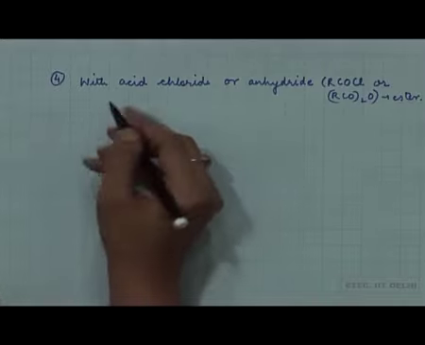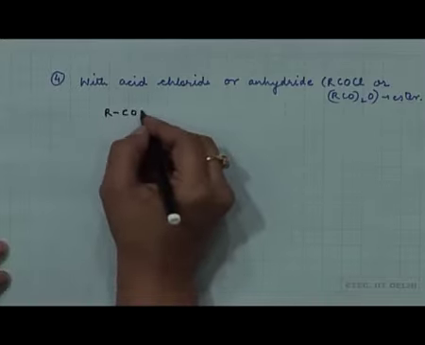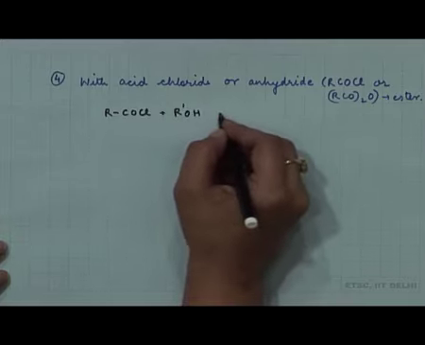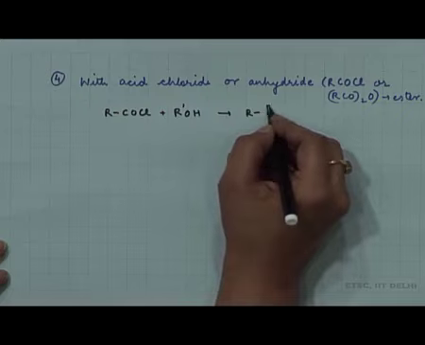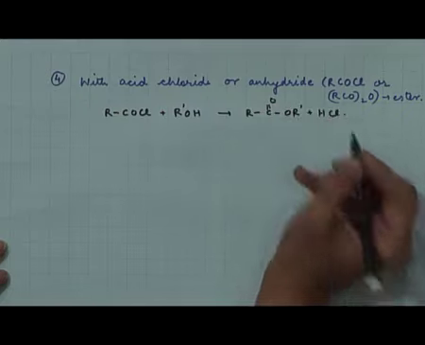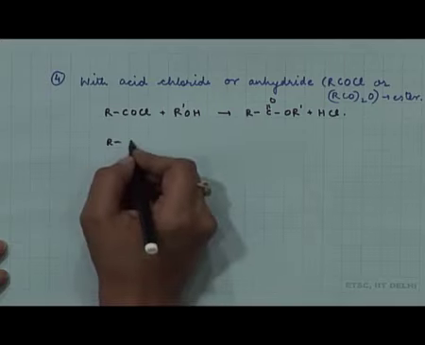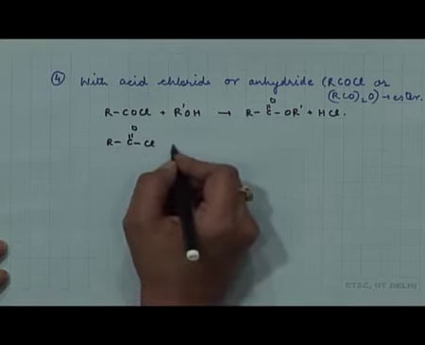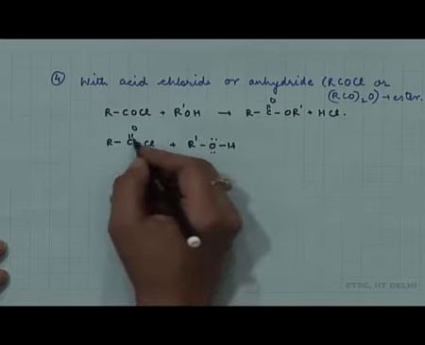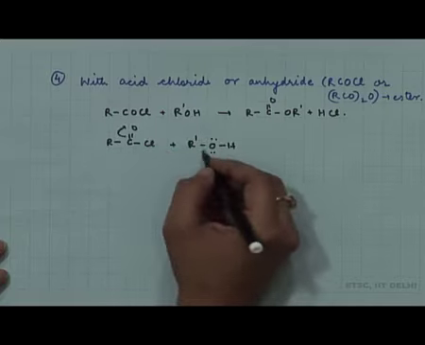So, the reaction is quite straightforward. You take the acid chloride, treat it with the alcohol, and the product is an ester. Mechanism is essentially the same. You start with this, you have an activated carbonyl here.